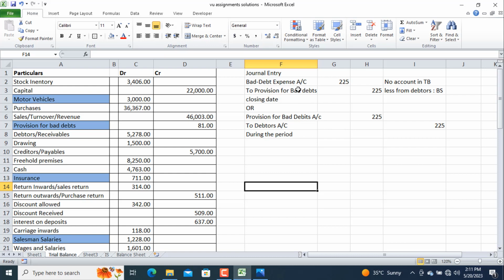This is the entry that we have made at the end of the period, and this is the entry that we have made during the period.